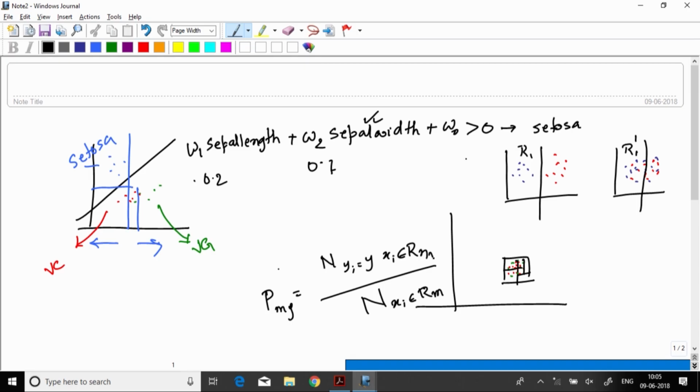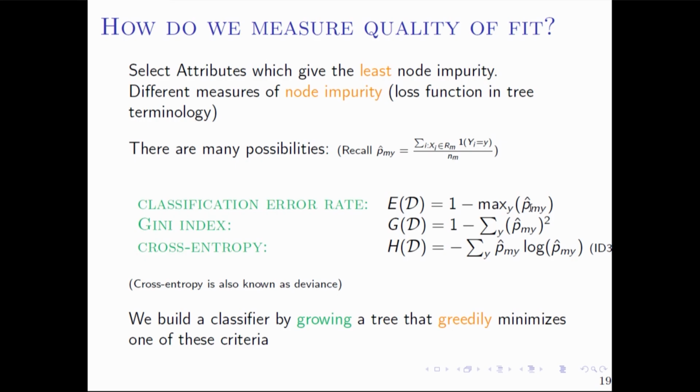That is, what fraction of nodes in region Rm has the y label. This gives you the misclassification rate, because you will classify all these sub-nodes as the maximum y.